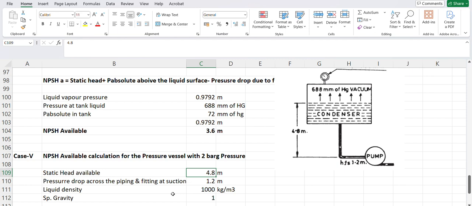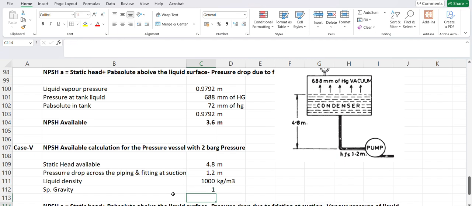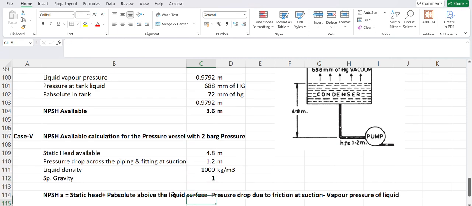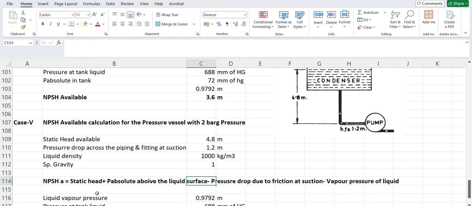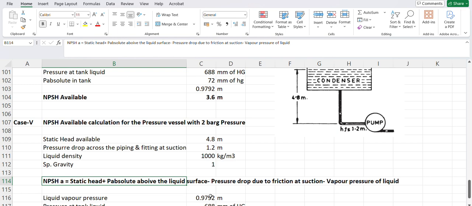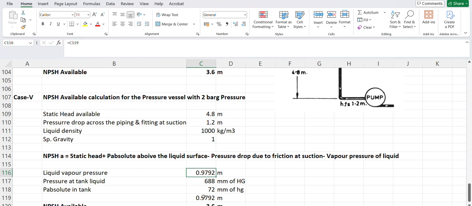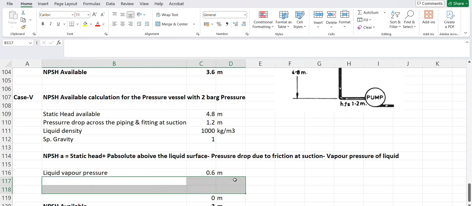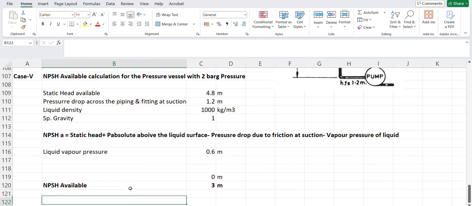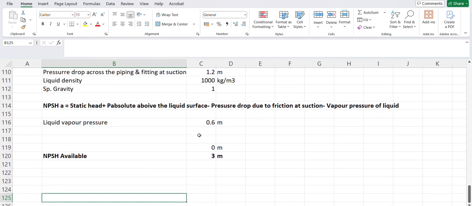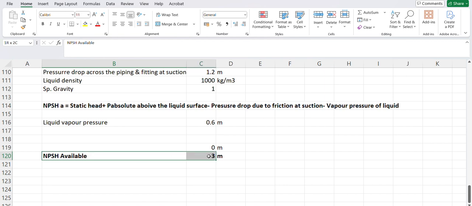Okay, static head is 4.8 and the pressure drop across the fitting is 1.2. So we simply calculate vapor pressure. We assume 0.6 meters for the transfer liquids. Okay, and here we can calculate the NPSH available.